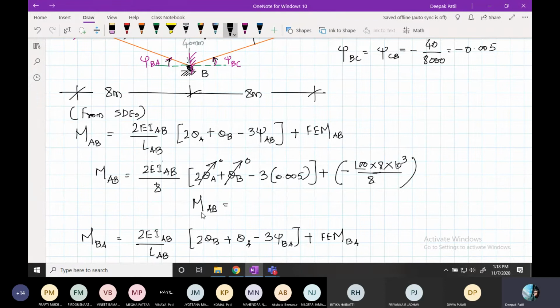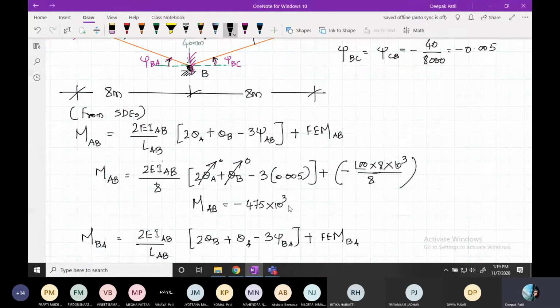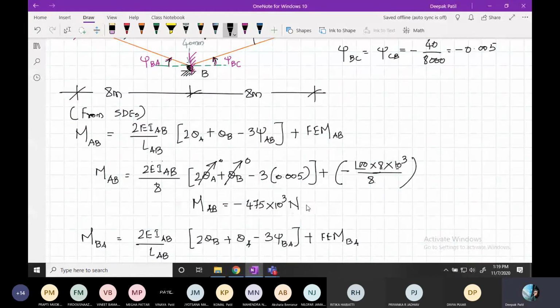You can cross check later. So I'm getting MAB as minus 475 into 10 raised to 3 Newton meters. Please keep that in mind.